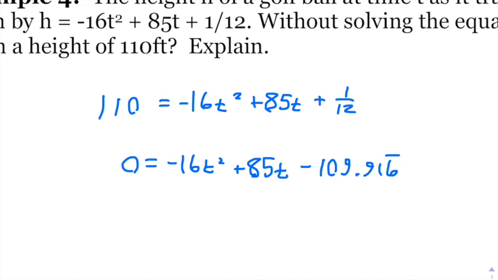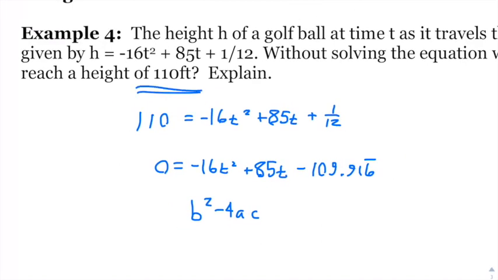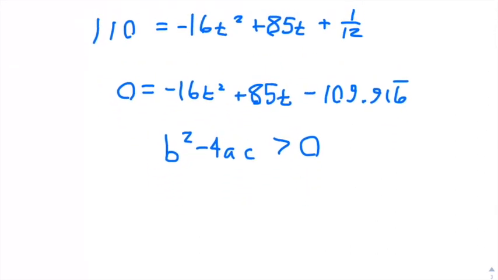Okay, and then if we use the discriminant, b squared minus 4ac, we can see if it hits 110 based off of whether there are solutions for this. If there is no solution, then that means it'll never hit 110. So we're just going to see if b squared minus 4ac is a positive number. That's really all we're checking for. Is it positive?